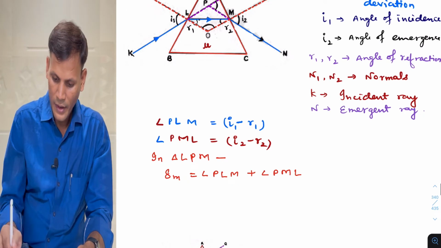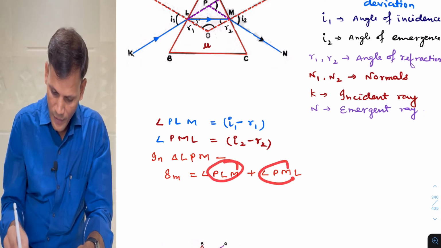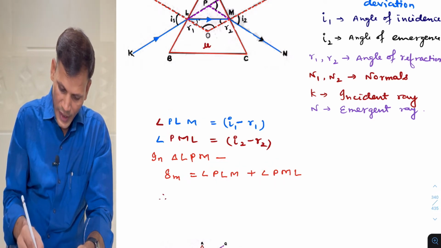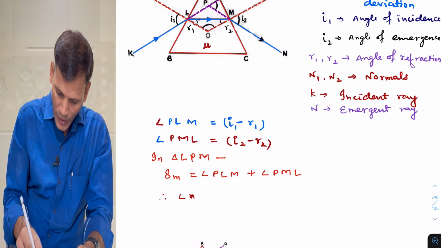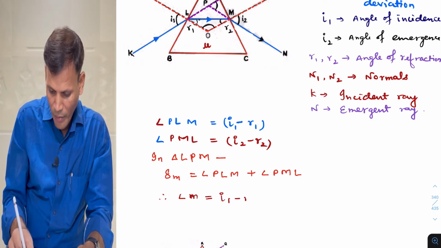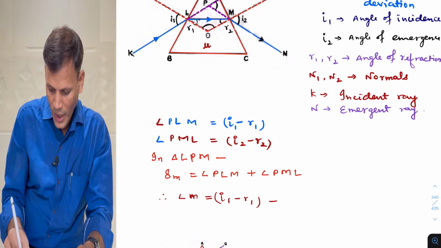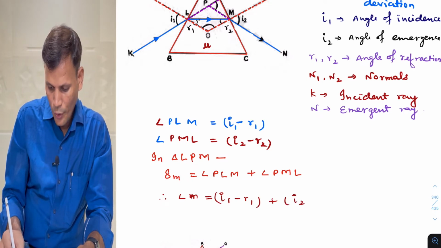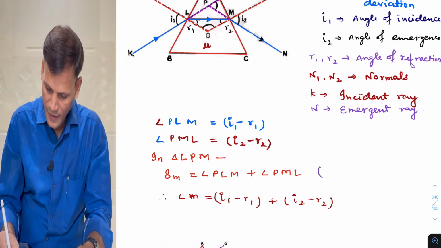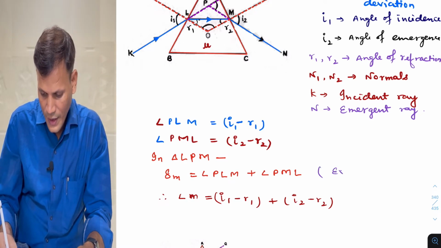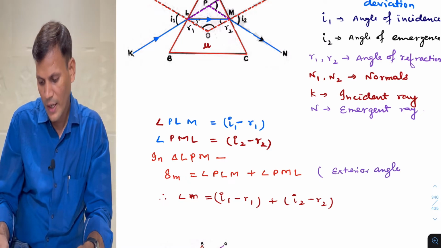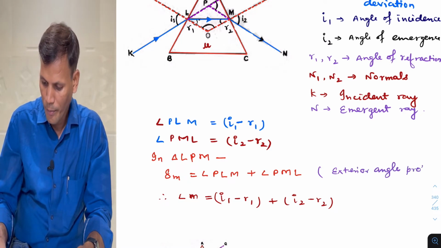Now we have these two angles over here and here, so we can say delta M, due to exterior angle property, will be I1 minus R1 plus I2 minus R2, and here we write the reason: exterior angle property.